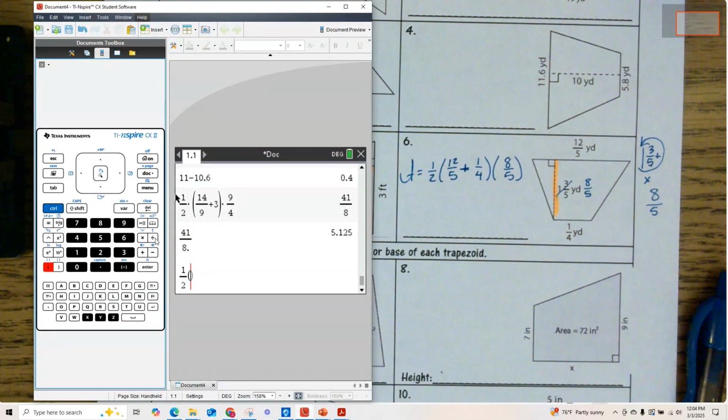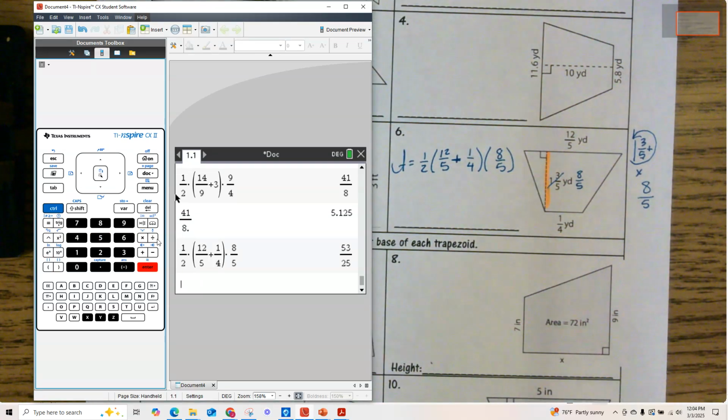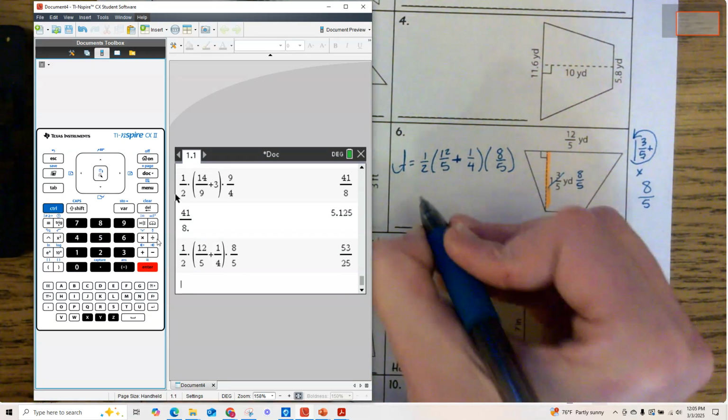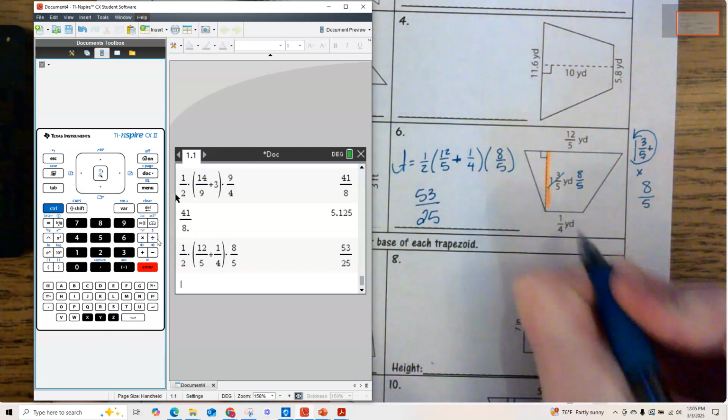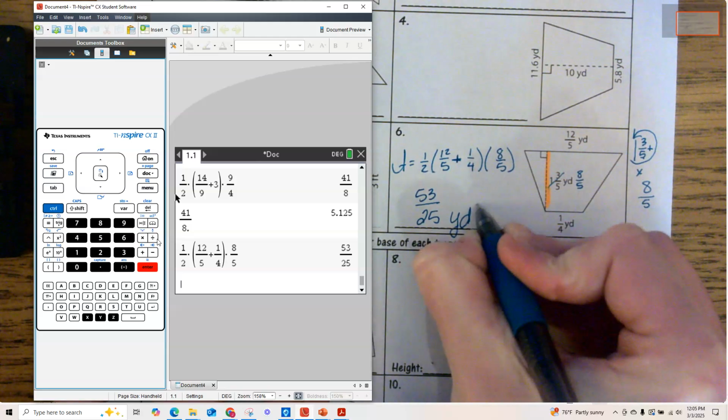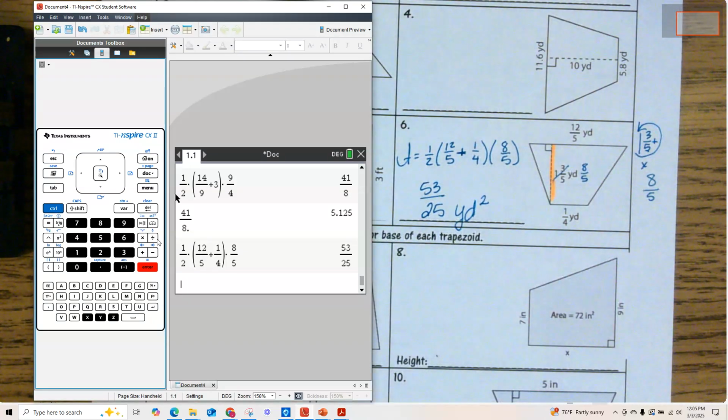So 1/2, and then 12/5 plus 1/4 times 8/5. I'm cheating on that fraction. 53/25, that's a good answer. We can leave it in that form. And then our measurement is yards, so yards squared.